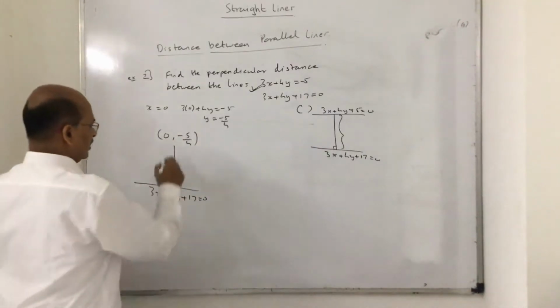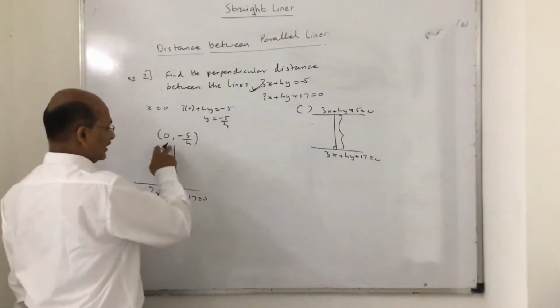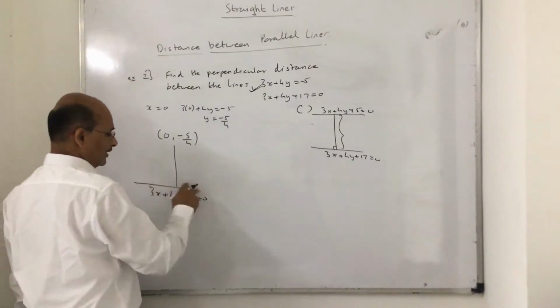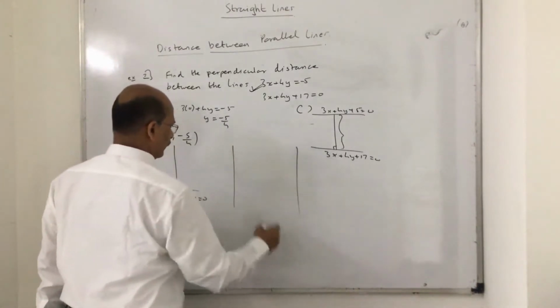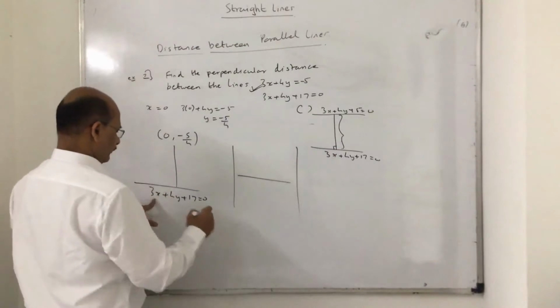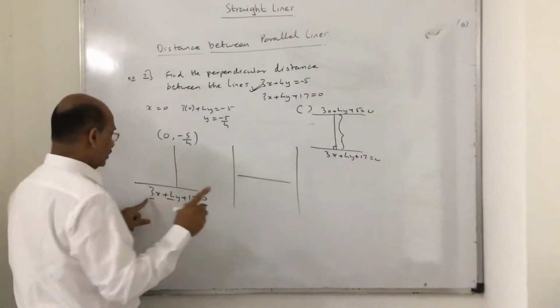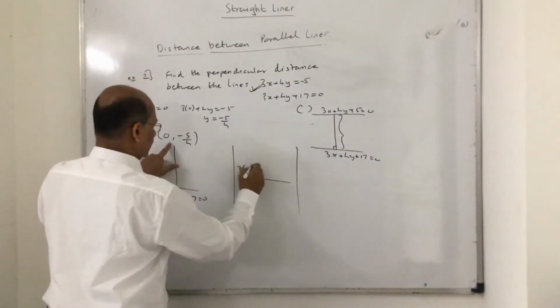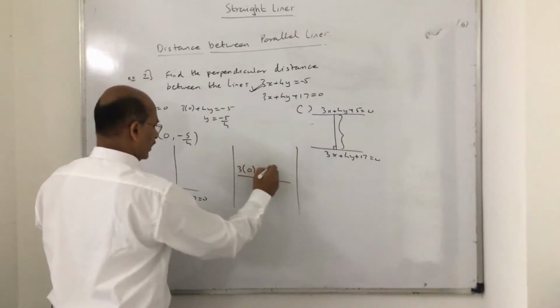Once this is done, by the distance formula, the distance from point A to the line is given by the modulus of (A x1 plus B y1 plus C) divided by the square root of A square plus B square. This is my A, this is my B, don't forget it.